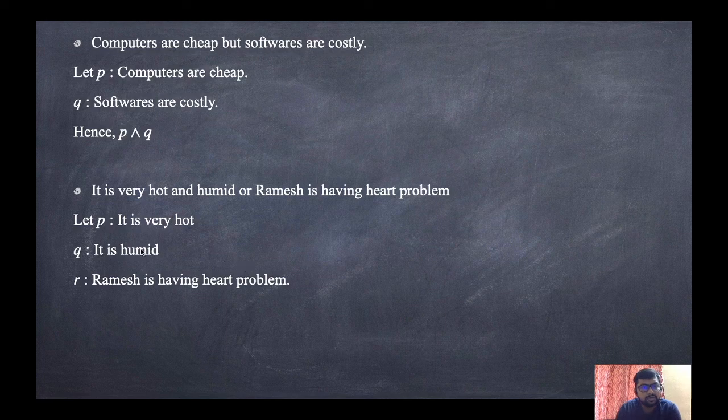So P, Q, R are there. The symbols are "and" and "or". So the statement will be P and Q or R. That means it is very hot and it is humid, or Ramesh is having heart problem.